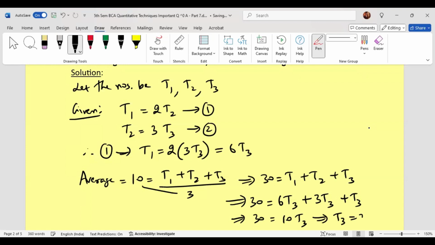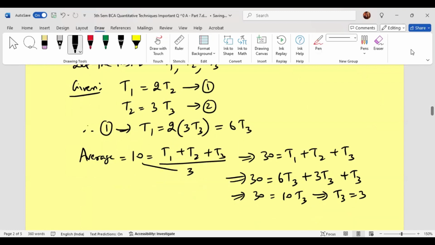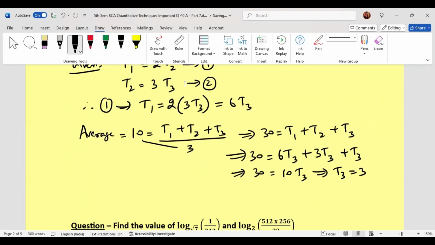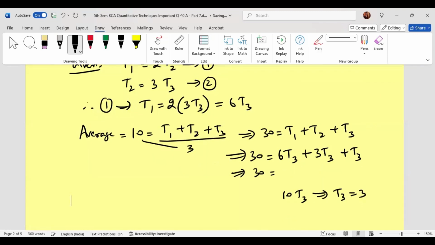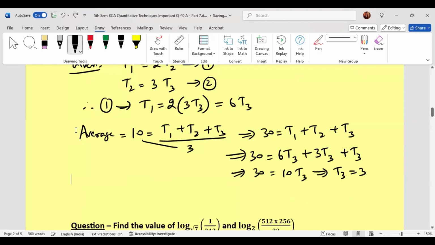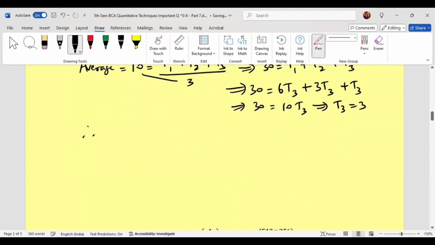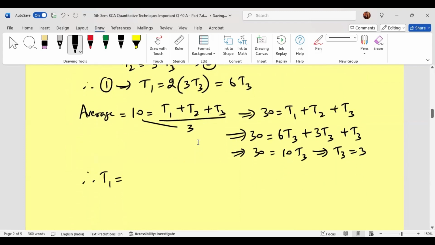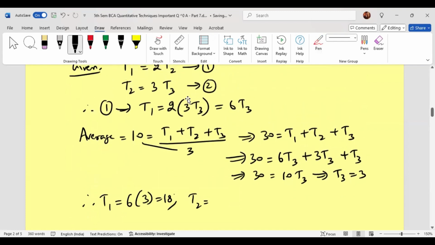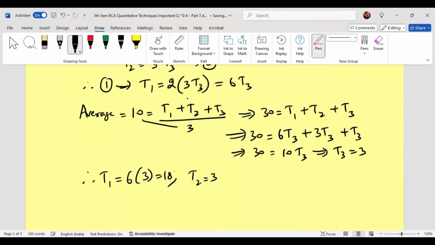That means T3 is 3. Now that we have T3, we can find T1 as 6 times T3, 6 times 3, which is 18, and T2, which is 3 times T3, 3 times 3, which is 9.